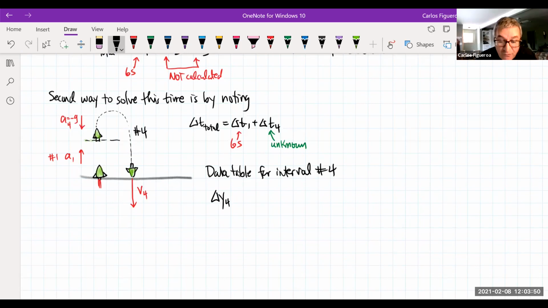There's delta y4, a4, v4. Now note that that's the initial speed right here. And then finally, here's t4. So let's look at this thing.